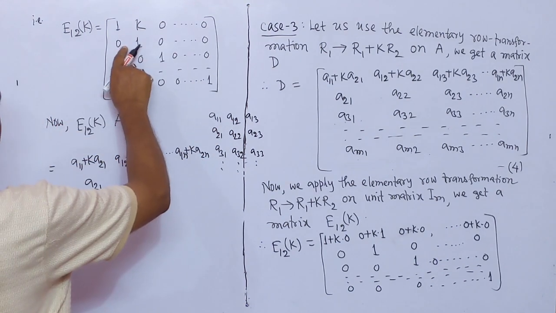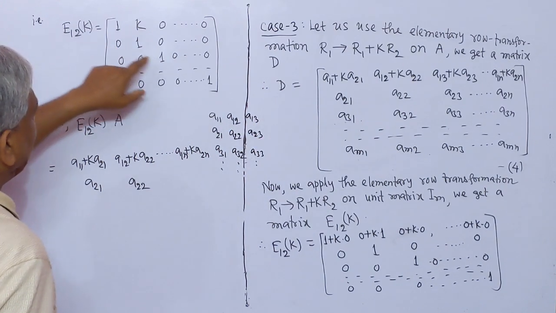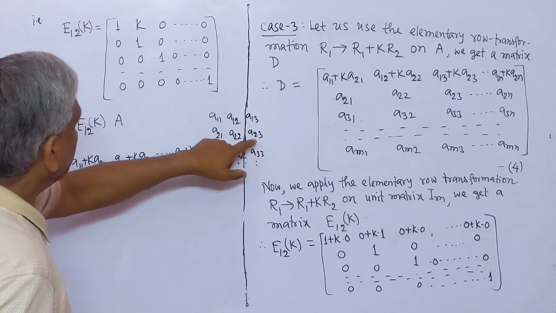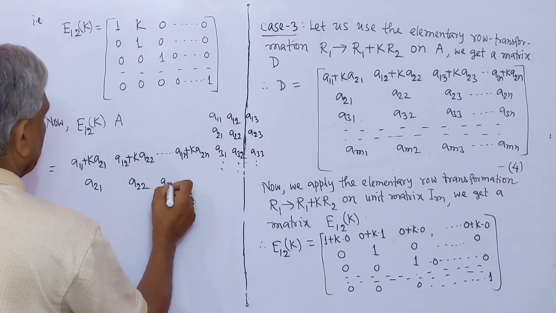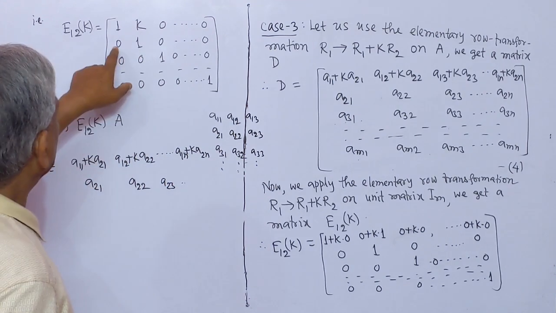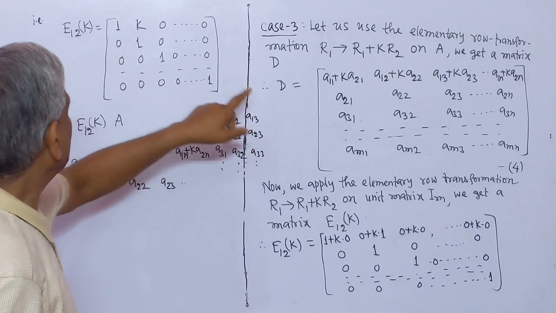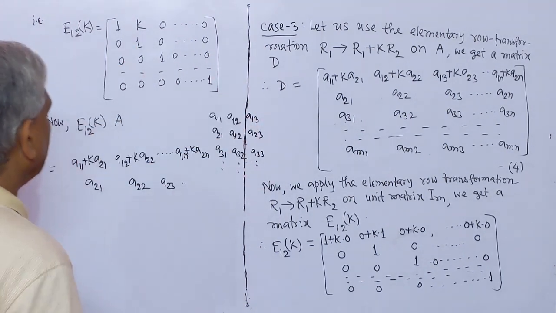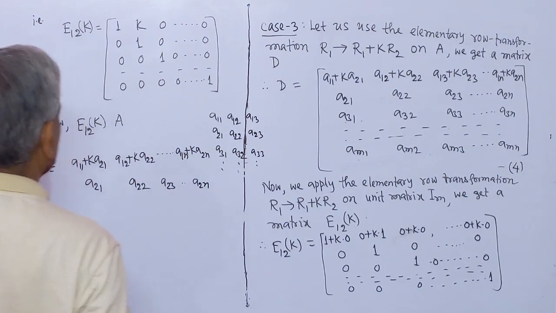Similarly, second row, third column, 0 multiply A13, 0, 1 multiply A23, A23 plus others are 0. And lastly, 0 multiply A1n, 0, 1 multiply A2n, A2n and others are 0.